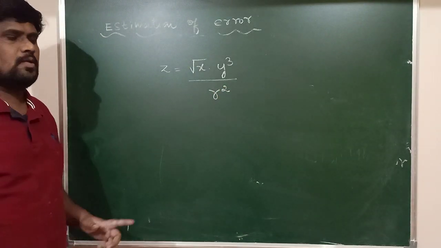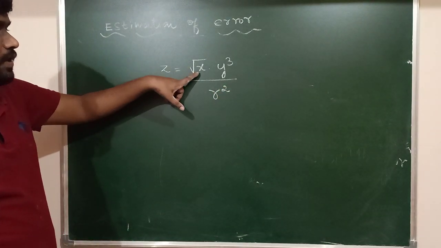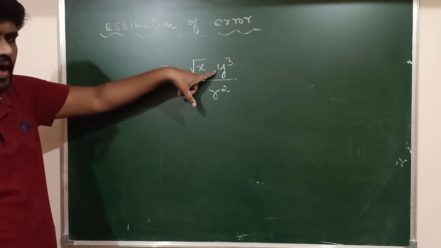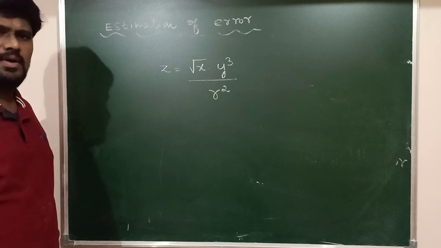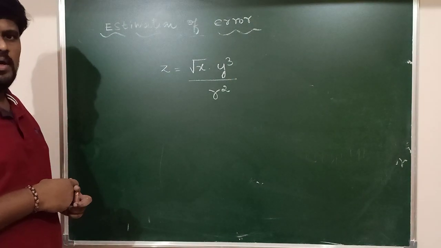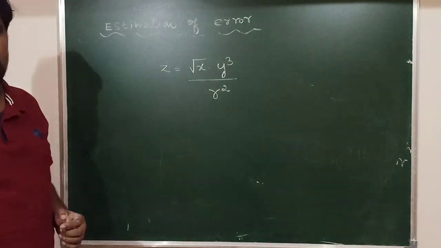Z is a physical quantity which depends on three more physical quantities: one is x, another is y, and the third one is r here. What is the maximum possible relative error in the measurement of z?